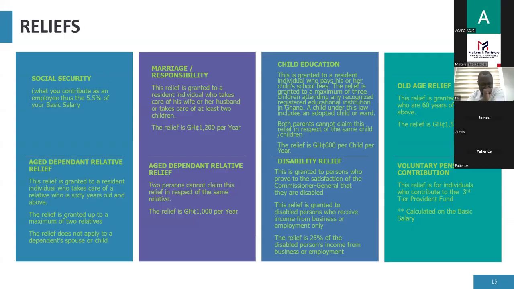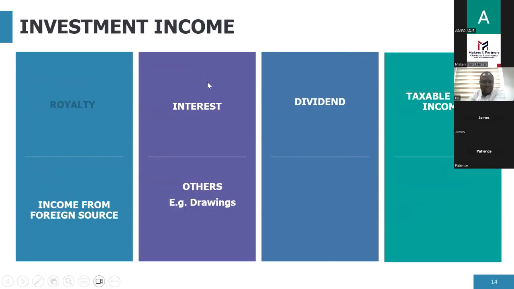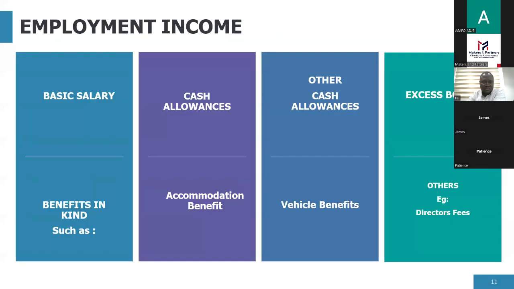Am I required to add everything to the allowances column on the payroll and tax it, or can I use the threshold in the act with regards to vehicle, accommodation, driver, those categories? Can I use that? And when I use that, what are the requirements? And if I add everything to this, what is the best way out with regards to that? Thank you.